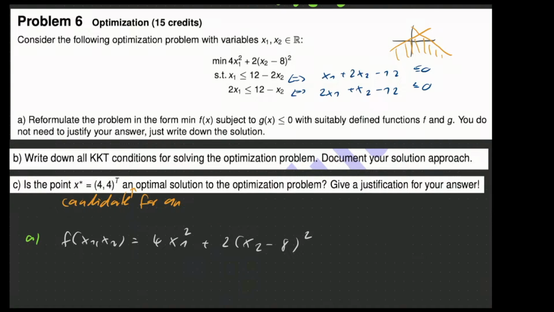Again, we have no equality constraints, so no h, or h is 0, whatever you prefer. We just have two inequalities. These two here. I did reformulate those already, so the g is basically the left side of those. Yeah, so we could say this is x1 plus 2x2 minus 12 and 2x1 plus x2 minus 12.